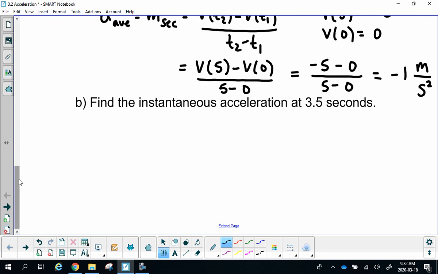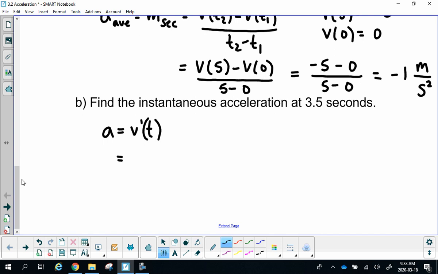All right. And then it says find the instantaneous acceleration at 3.5 seconds. Well, that's going to be the derivative. Right? So we need the acceleration. And the acceleration, we said, is equal to the derivative of v of t. Okay?